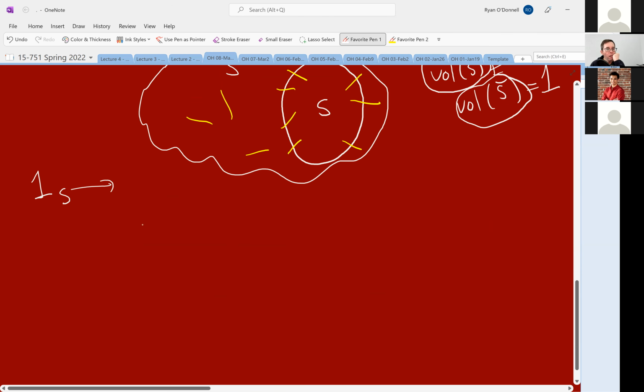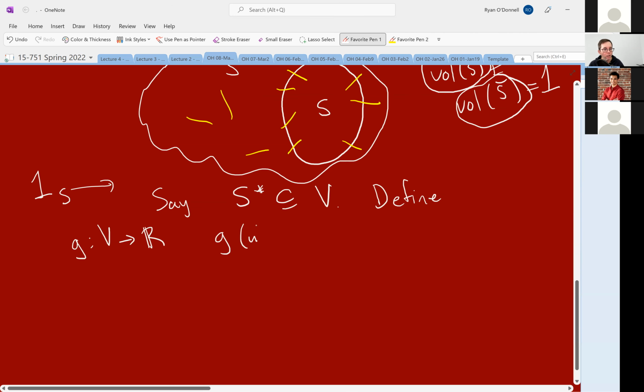Let's say we have S, or even S star, if we have in mind that the optimal cut is some subset of the vertices. Let's define g to be, as you say, the plus or minus 1 indicator: +1 if u is in S, and -1 if u is not in S.